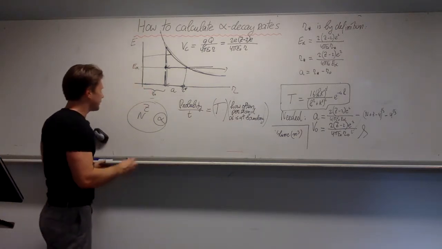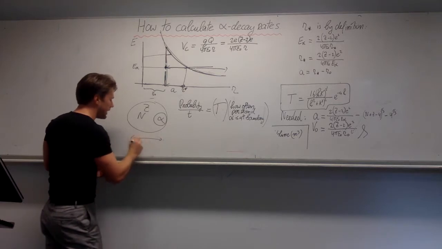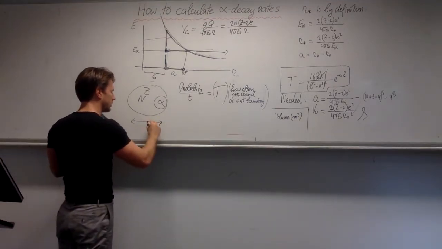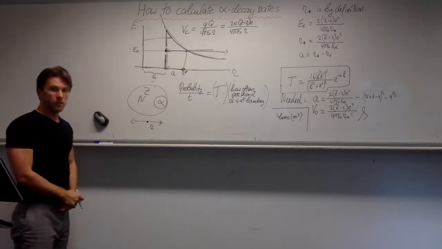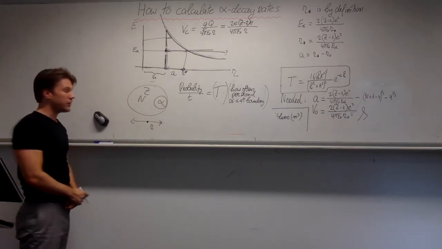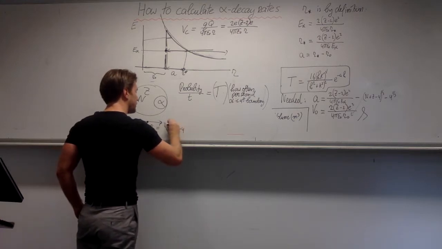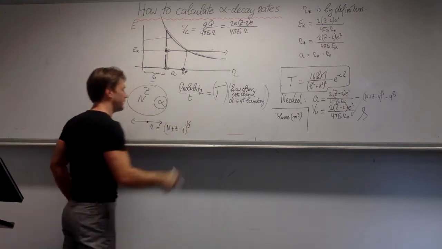Here's some classical physics. Suppose that the nucleus has a radius r. We already know what r is. It was this expression that he wrote down before. That's (n plus z minus 4) to the power 1/3. There you go.